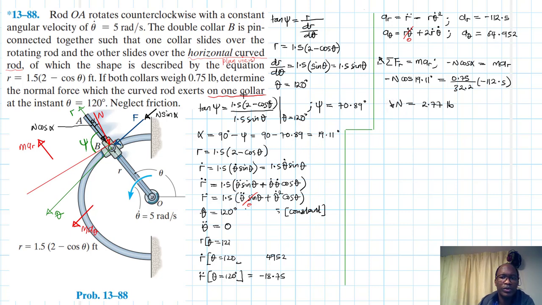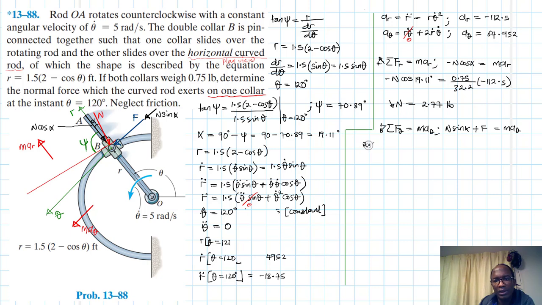We can also compute F, though we've not been asked to do so. So we can say summation of forces in the theta direction equal to m a theta, and going in this direction being our positive. What do we have? We do have n sine alpha plus F equal to m a theta.